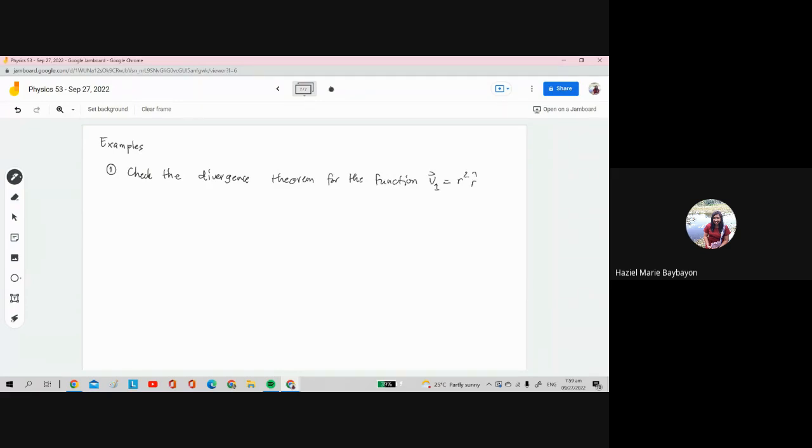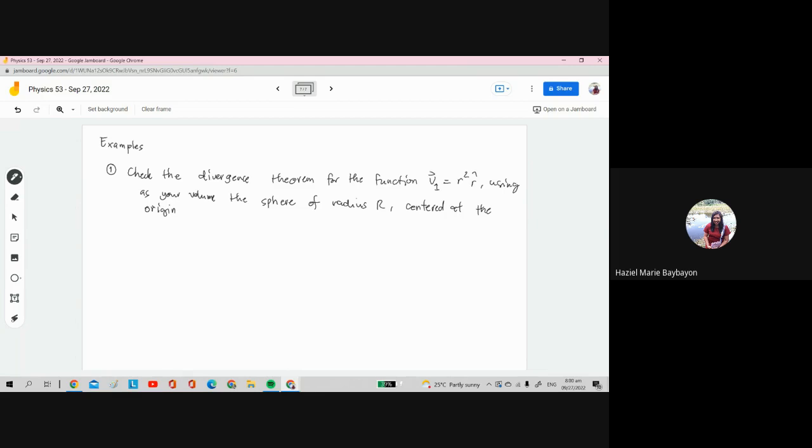So it only has a component along the r hat direction. Using as your volume the sphere of radius r centered at the origin.